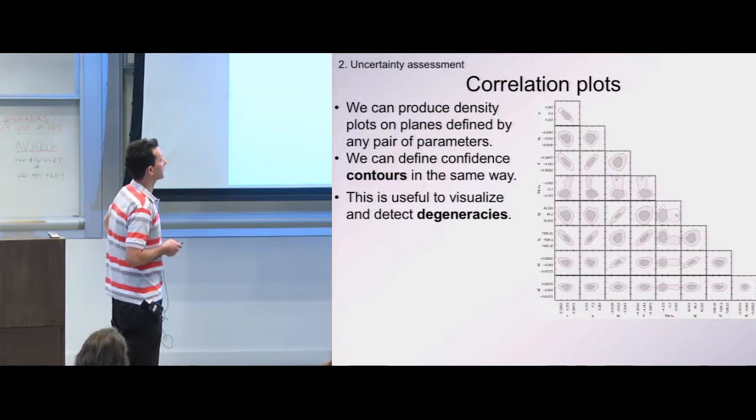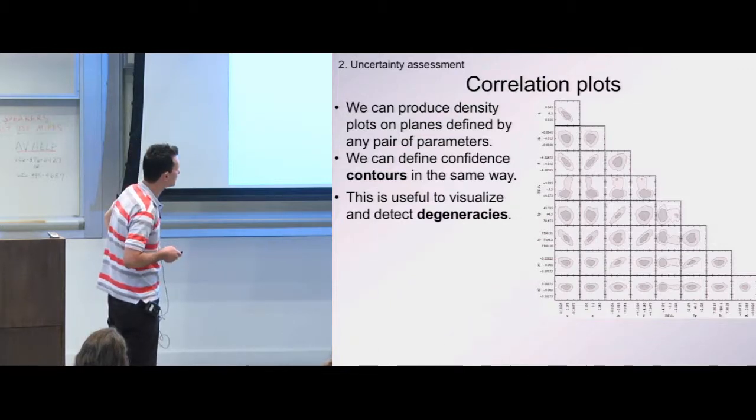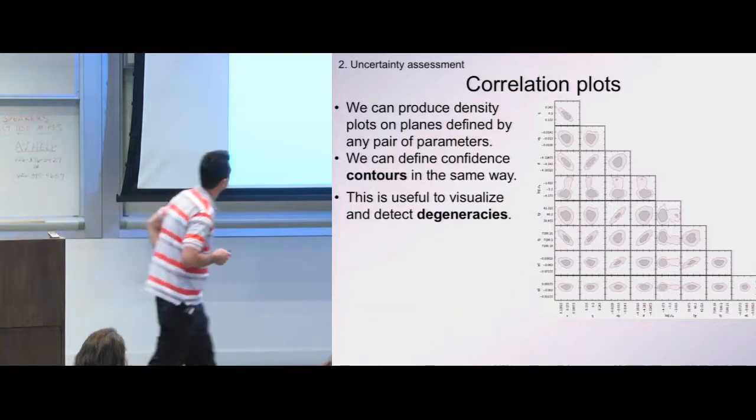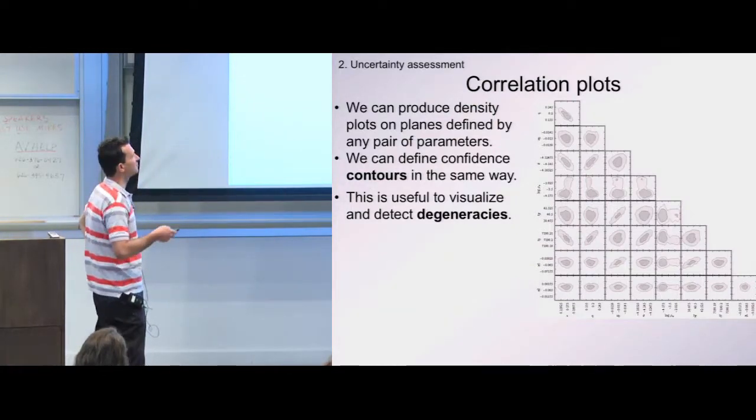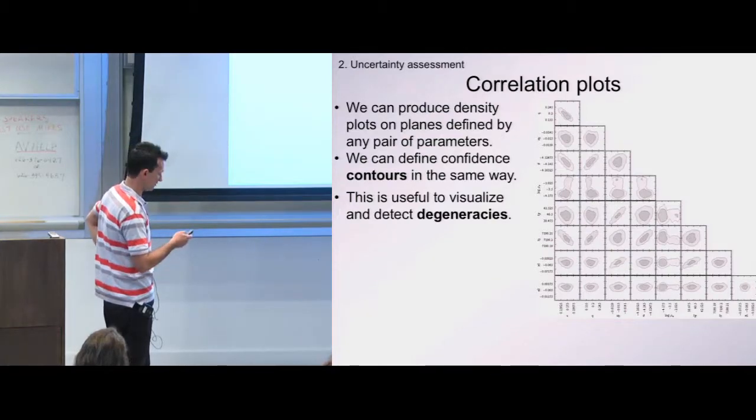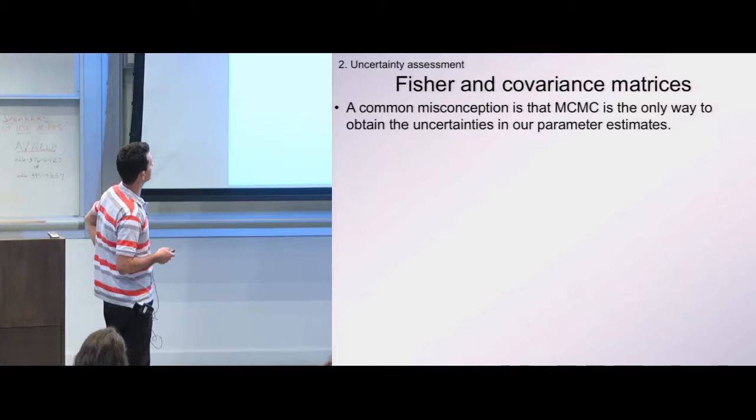The degeneracies are visible here in cases in which you have correlation between 2 parameters. This is Q, the mass ratio, and in this case it is correlated with T, I think this is T naught. Yes, T naught. So you can see the correlations you have in your fit, and so you can visualize the degeneracies.